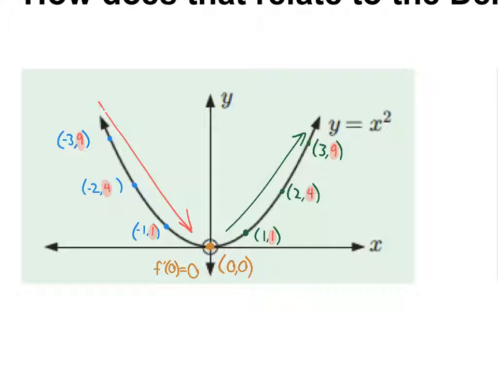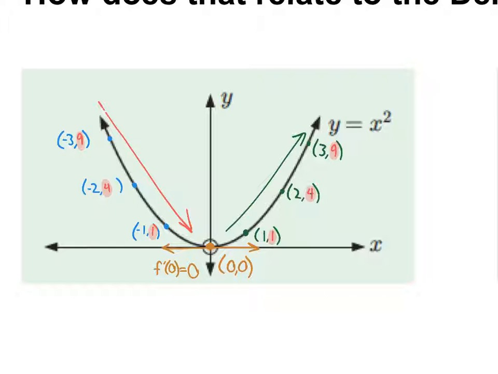The x-axis is the derivative, or it's the tangent line. Okay. Are we increasing or decreasing there? Neither. Okay. So for a moment there, it's not going down, it's not going up.